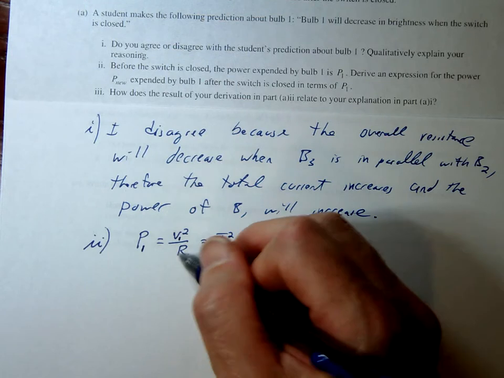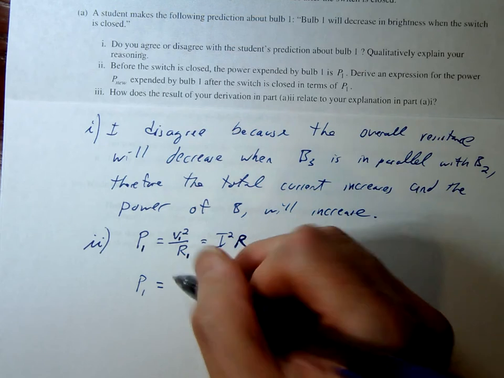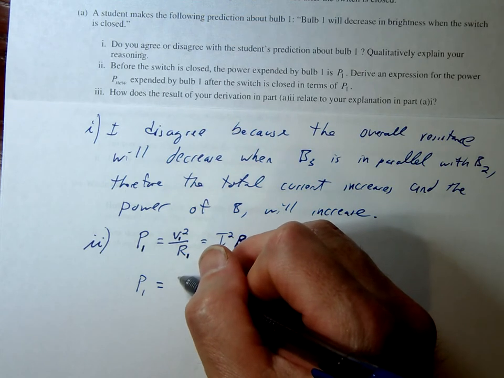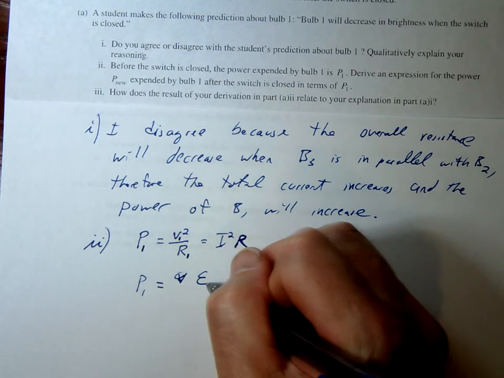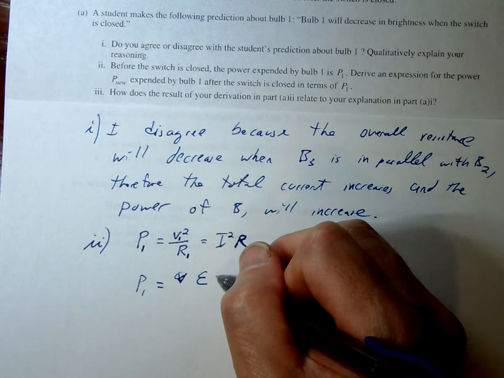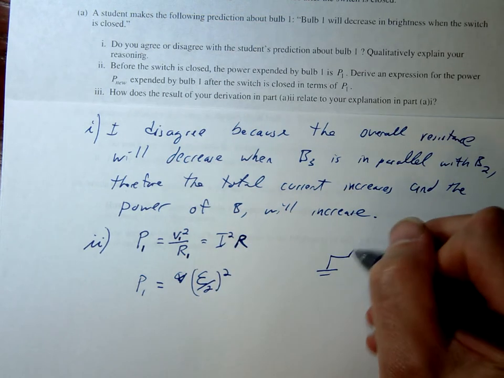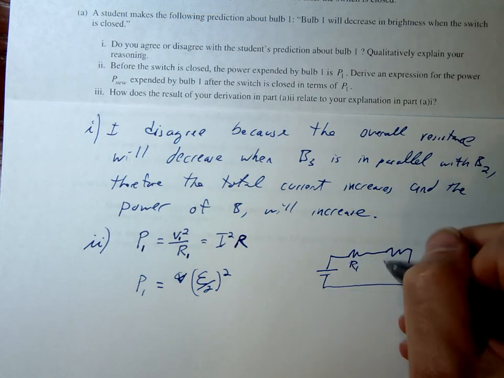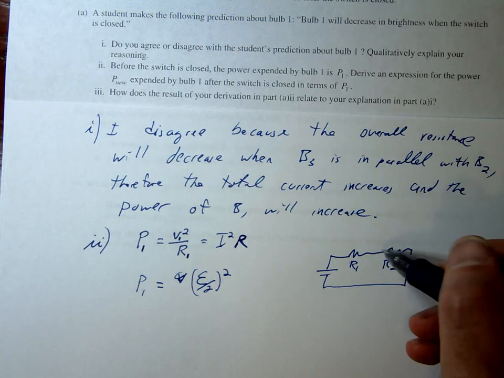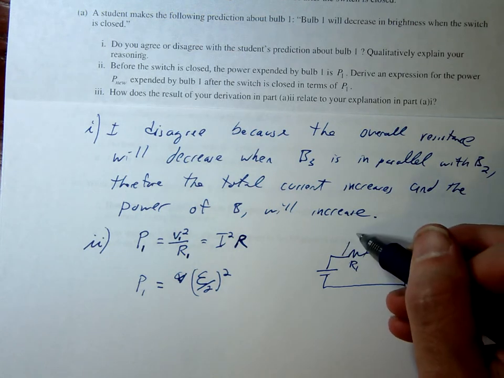So initially P1, right, is going to be V1 is going to be V total, right? Or let's just use EMF over 2 squared, since initially they're going to split and have even voltages, right?